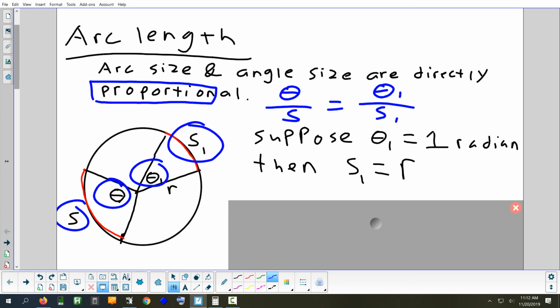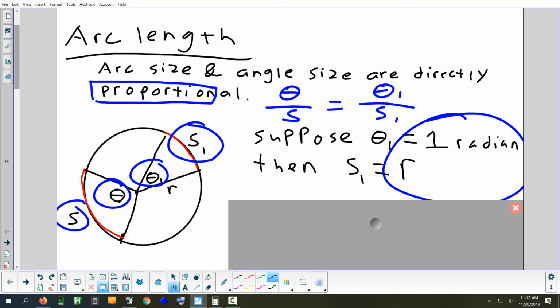You automatically know it because the connection between arc and radius is exactly the same if the angle is 1 radian. So this fact right here that I just circled, that's going to be like our 1 foot 12 inches. If the angle is 1 radian, then your arc is r. That's the fact we're going to use to start with.